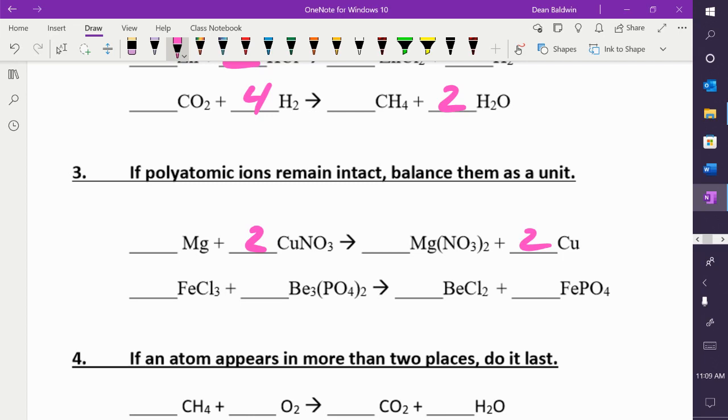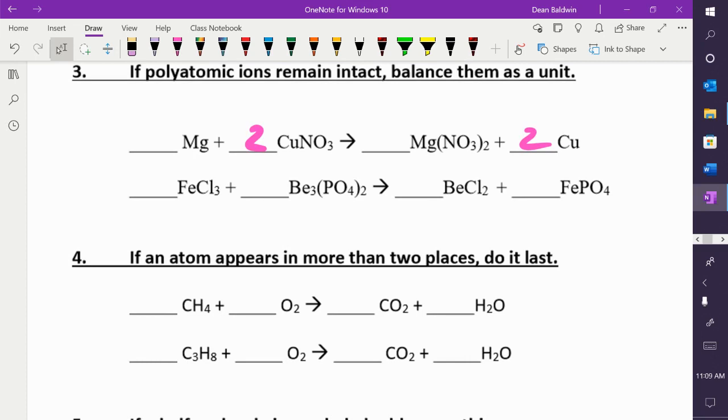Is everybody good so far? All right. Okay, we got iron 3 chloride plus beryllium phosphate goes to beryllium chloride and iron 2 phosphate. So, what do you want to balance first? Balance the polyatomic.